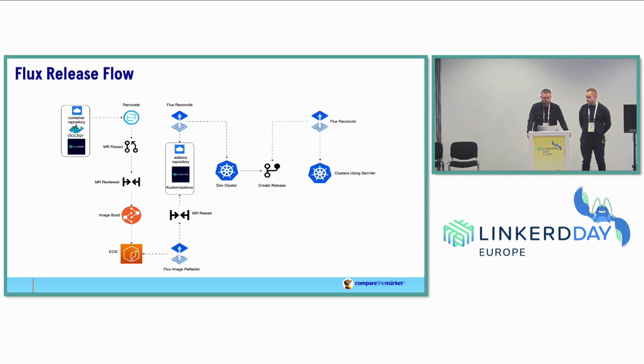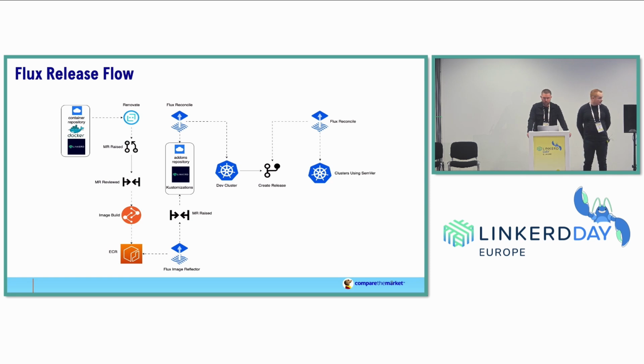Next, the Flux image reflector picks up the updated image and raises a new MR, this time in the cluster add-ons repository, updating the Linkerd values and customizations based on the Semver range. Once the update is verified, we create a project release, triggering a Flux reconcile within our non-prod clusters, deploying the new Linkerd image as part of a release that meets the Semver range for non-prod.